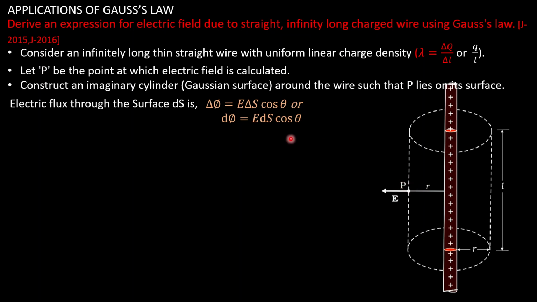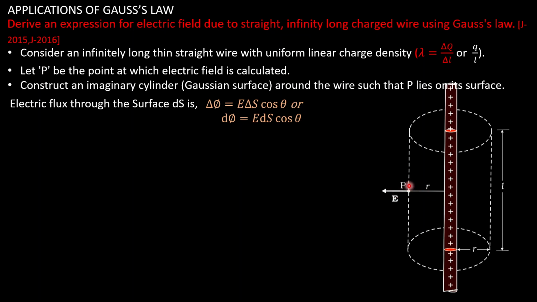So what is this cos theta? Theta is the angle between the area vector and the electric field line. The area vector is always perpendicular to the surface, here in the direction of the electric field lines. So what is the angle between the area vector and the electric field lines?